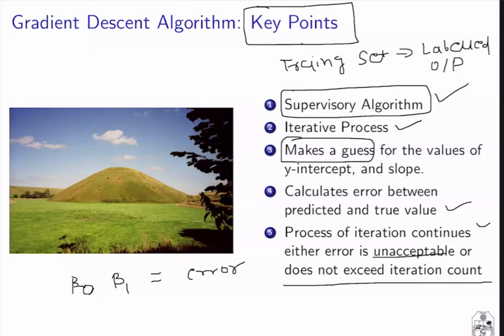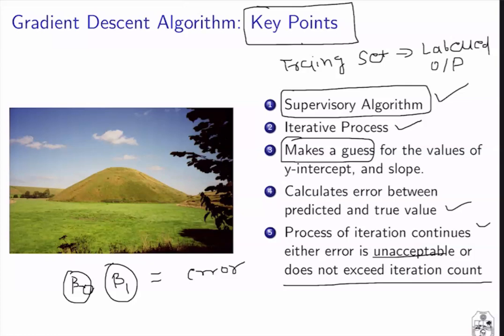That's why this is a repetitive, iterative process. It goes on guessing the values of beta 0 and beta 1 in each iteration, and it selects the guessed value which gives you the minimum error. When the minimum error is reached, the process of iteration stops.